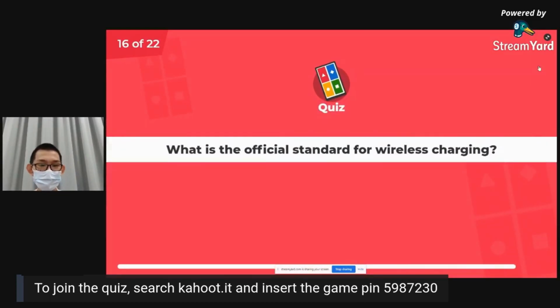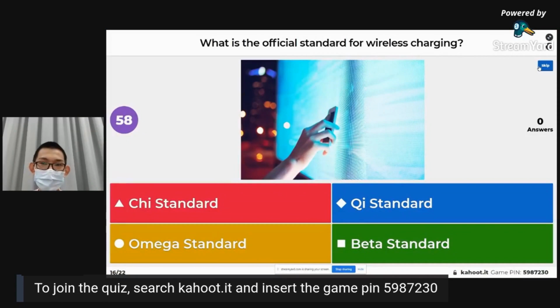Next question. What is the official standard for wireless charging? Is it A, Qi standard, B, Qi standard, C, Omega standard, or D, Beta standard?